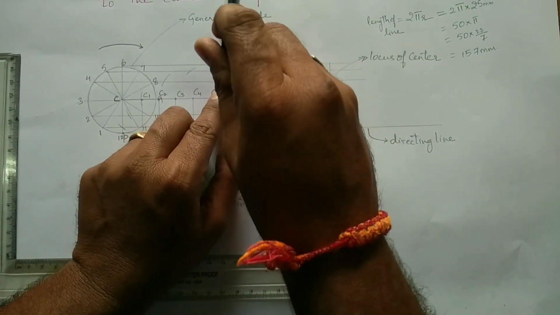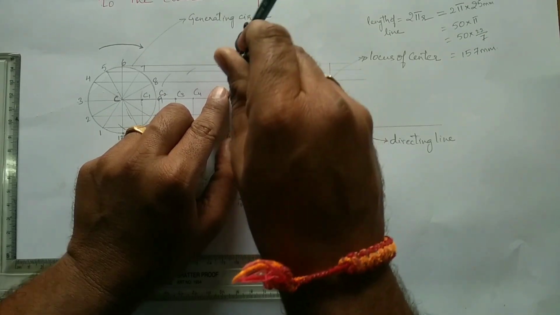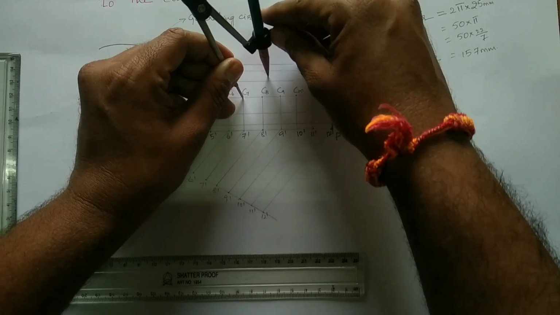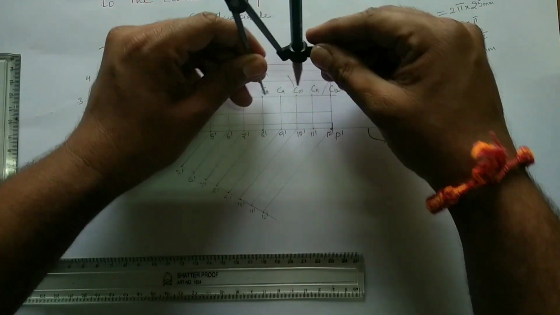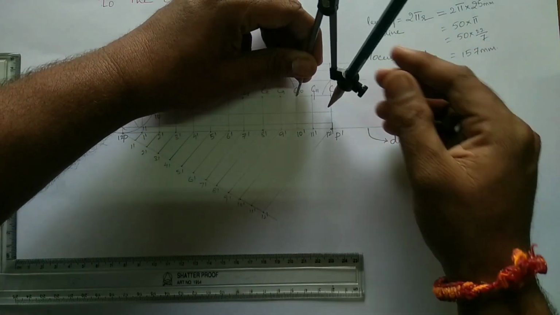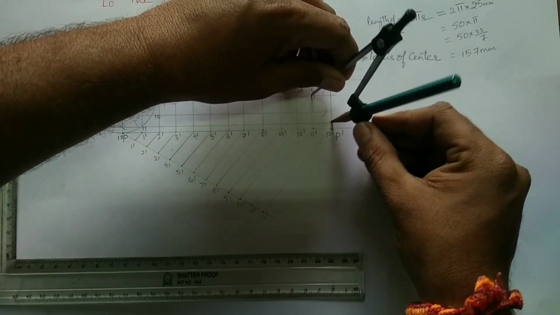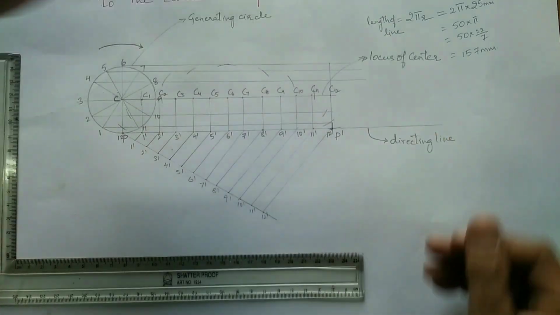C6, sixth line. C7, C8, eighth line. C9, ninth line. C10, 10th line. C11, 11th line, and C12, 12th line.